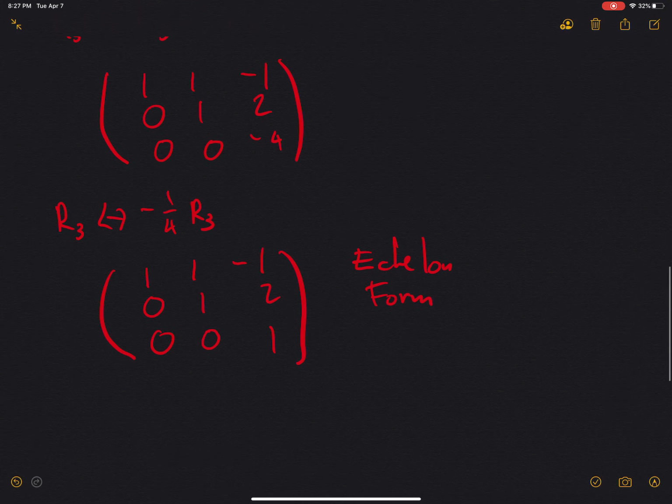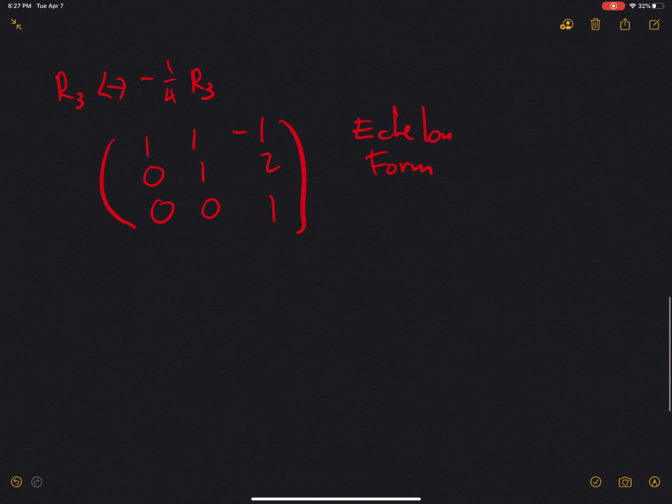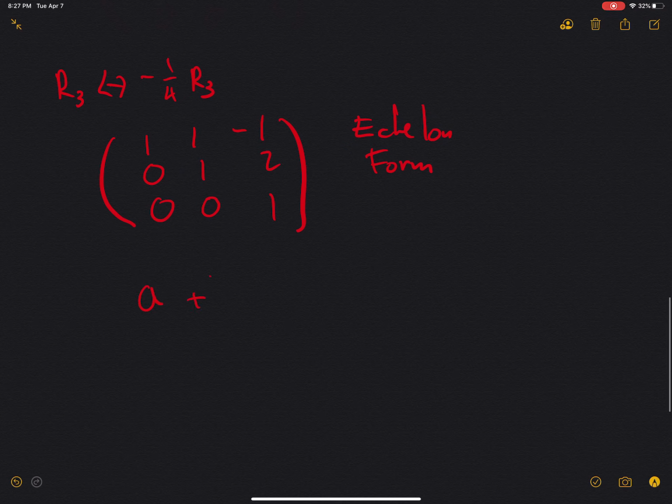Now I'm actually not going to do the reduced echelon form because in this case it is not necessary. If I write this into a system of equations, I will end up with the following system.